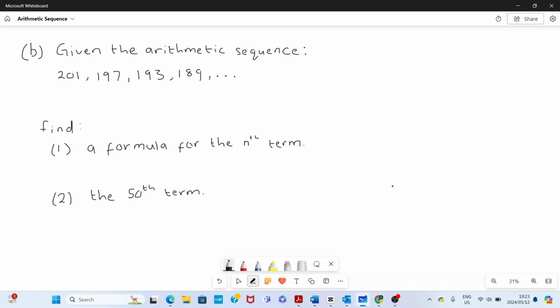You need to recognize the pattern that you're given. So with this, we are given the arithmetic sequence, and the questions are: find a formula for the nth term. That's question 1. And question 2 says find the 50th term. So this is a simple question.